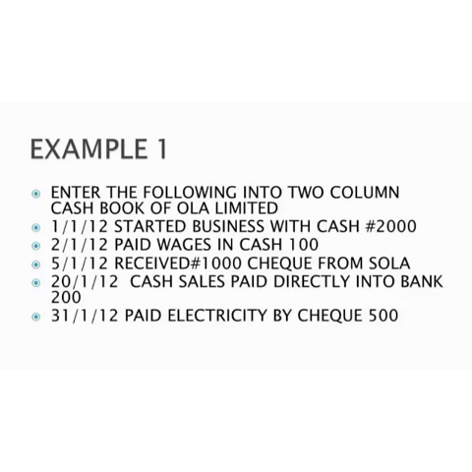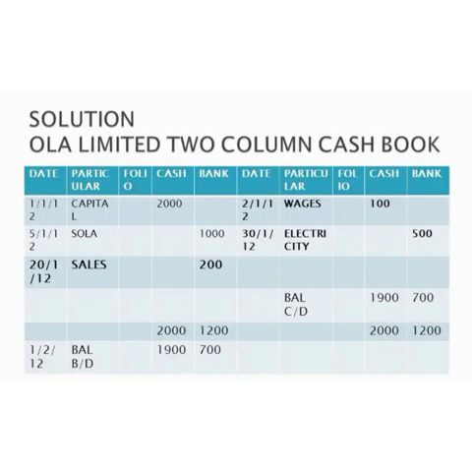The next transaction is on 31st January 2012: paid electricity by cheque, 500. A company can make a payment by cash or by cheque. Here the payment is made by cheque.